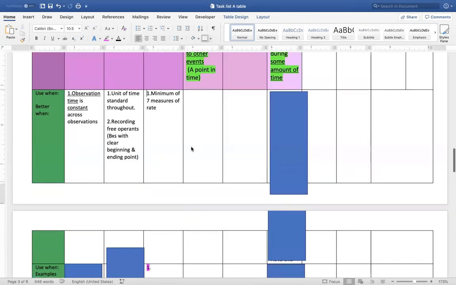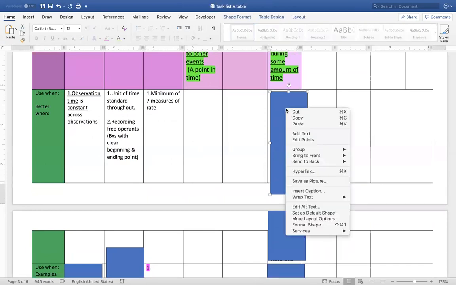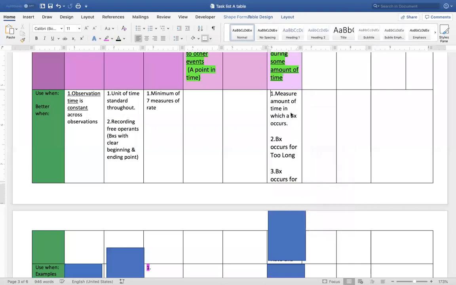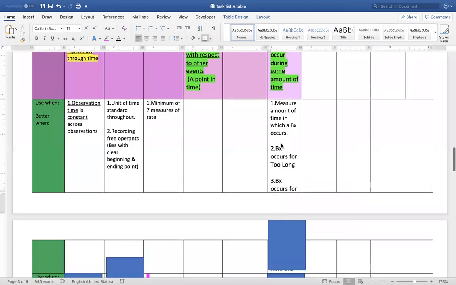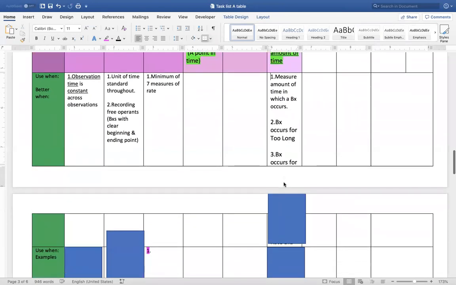Okay, so this one is used when and better when we measure the amount of time in which a behavior occurs. I wanted to ask you a question here. So this one is duration. So that one is when a behavior is too long or too what?